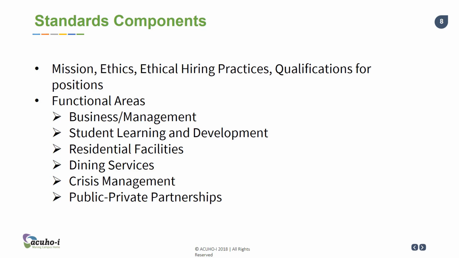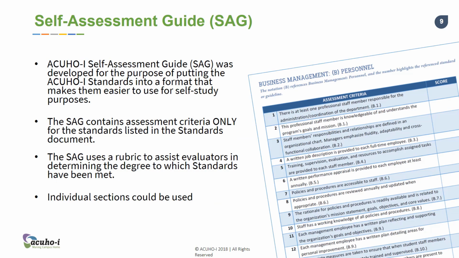There are also 6 functional areas: business management, student learning and development, residential facilities, dining services, crisis management, public-private partnerships.